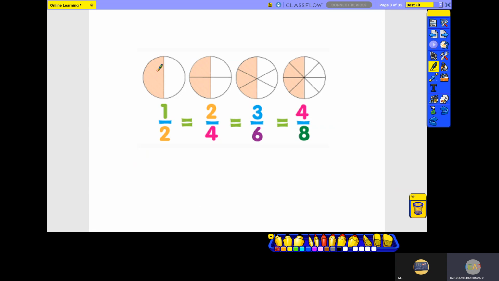So if we look here, we've got two parts to a circle. That means the total number is two parts, and one of them is shaded. So we call that 1/2.